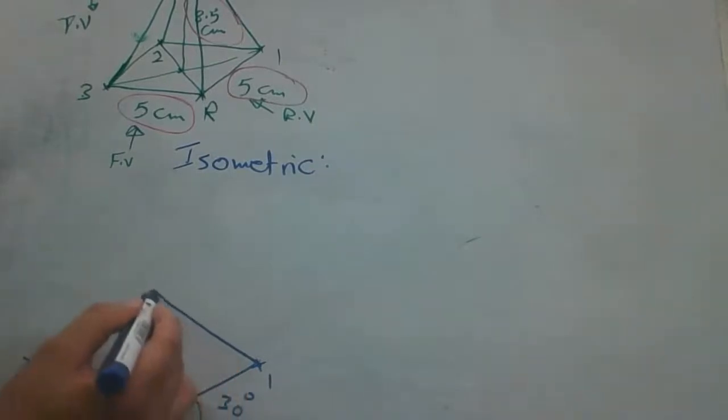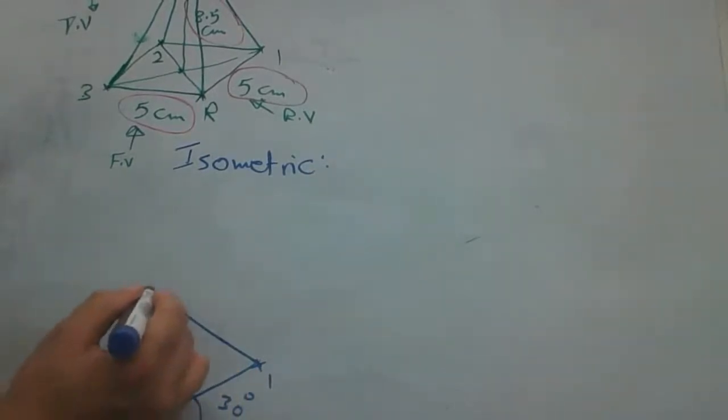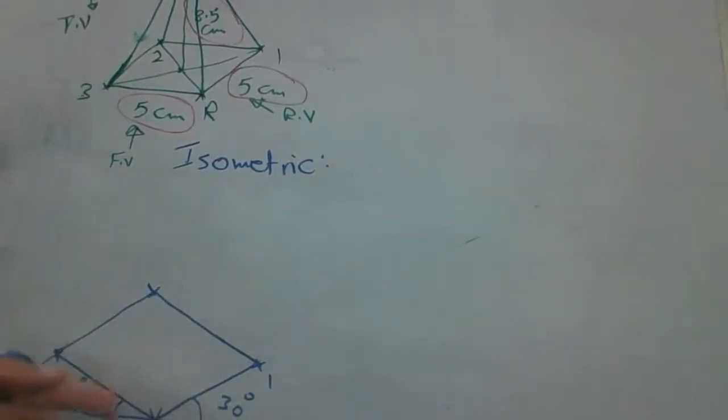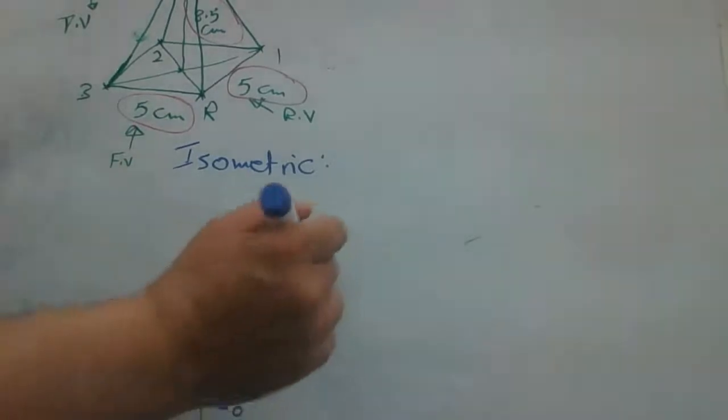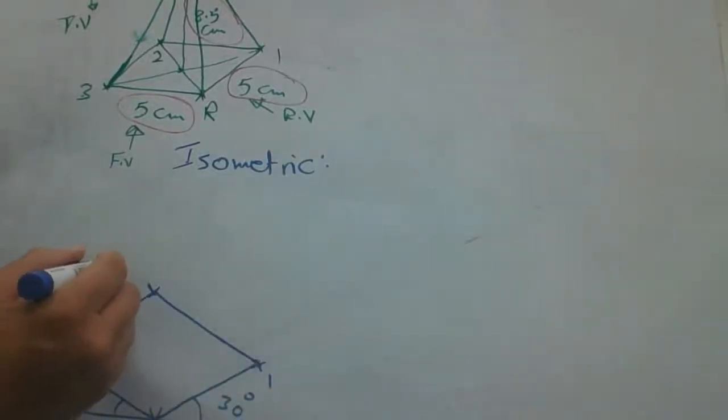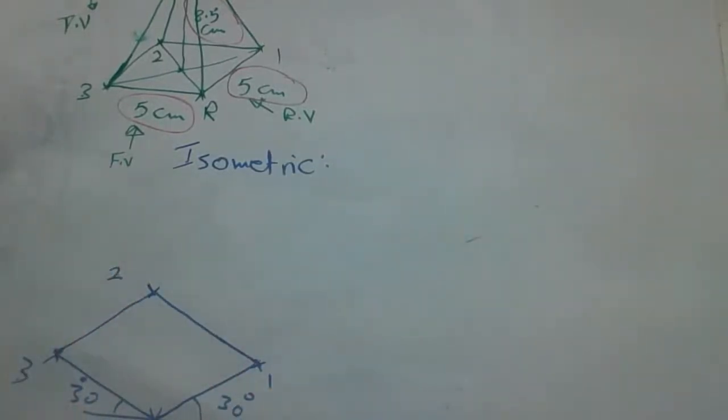We did not draw the height here, because it is different from one shape to another for regular shapes. So we will continue like what I did here. R, 1, 2, 3. Okay, this is the basement of the pyramid.